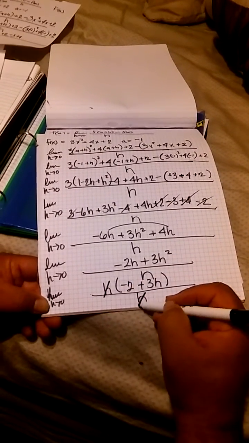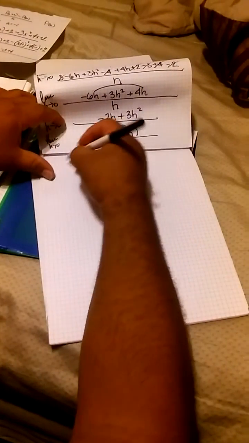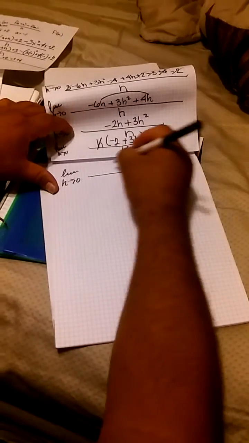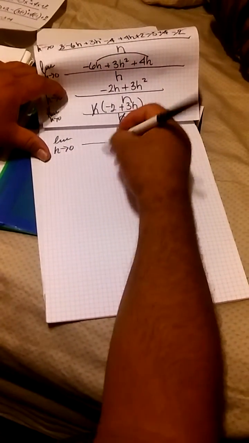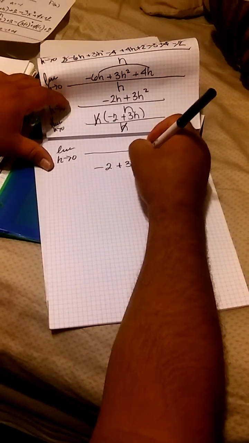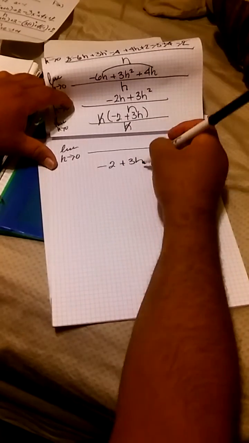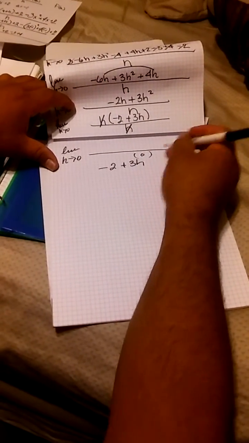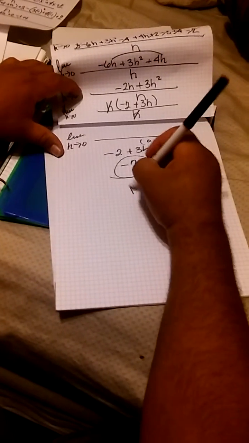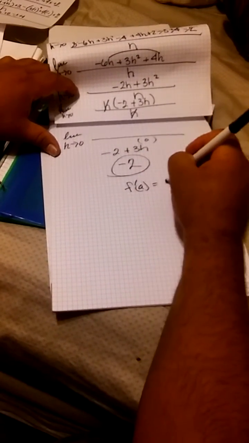So the h's cancel, and as limit h approaches 0, we're left with negative 2 plus 3h. So now, at this point, we replace the h with 0, and so we get a value of negative 2. F prime of a equals negative 2.